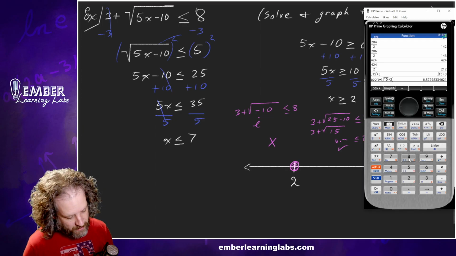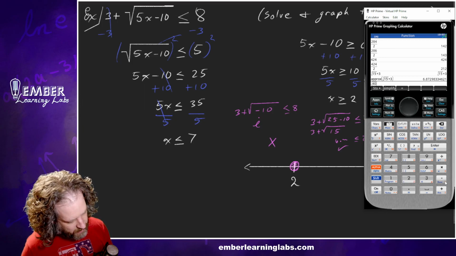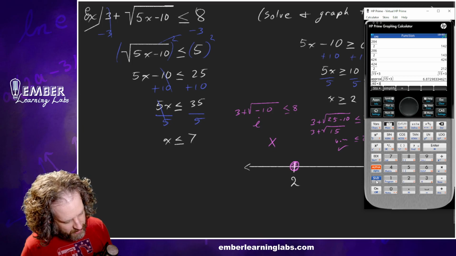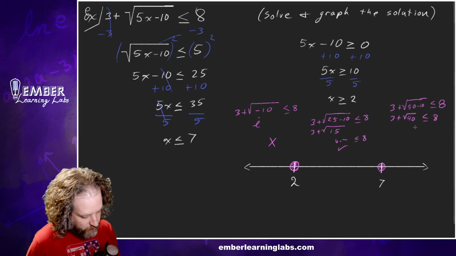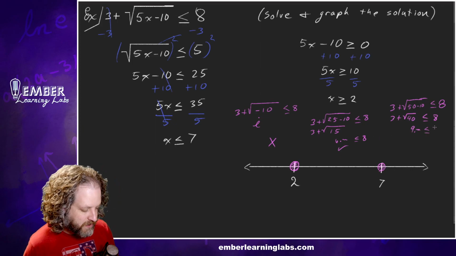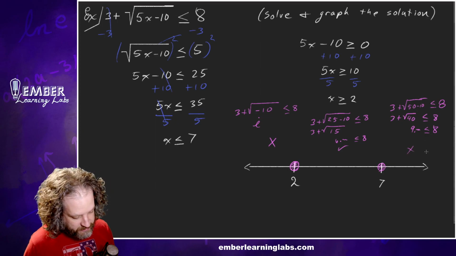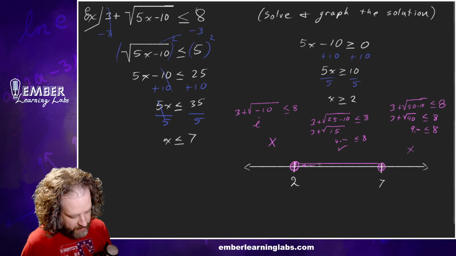Probably not. The square root of 40 plus 3 is approximately equal to 9.3. So 9 point something. Is that less than or equal to 8? No, it is not. So this doesn't work. So we are going to shade exactly where we thought we were going to shade.